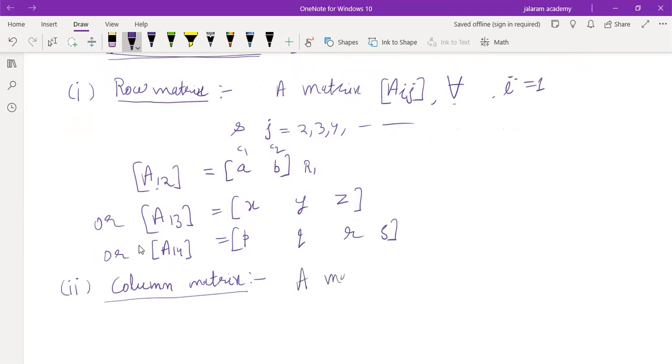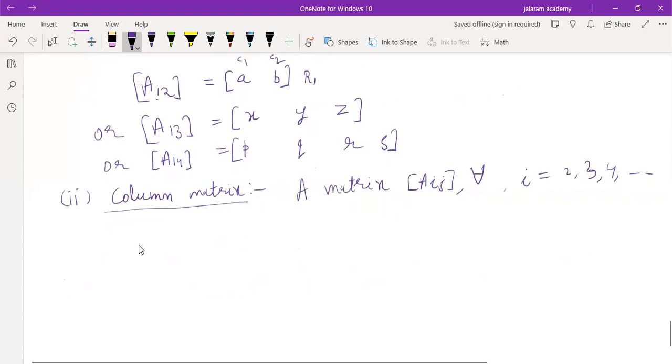Means a matrix Aij such that j equals 1, and i can be 2 or 3 or 4 and so on, not all at once. And j equals 1.